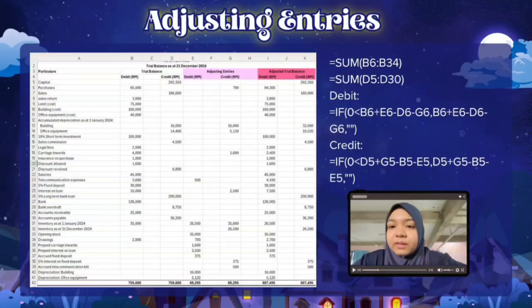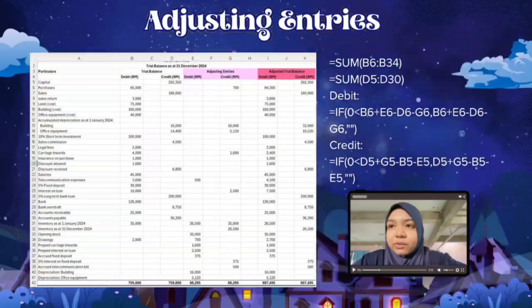We use the formula =IF(0<B5+G5-B5-E5, B5+G5-B5-E5, "").